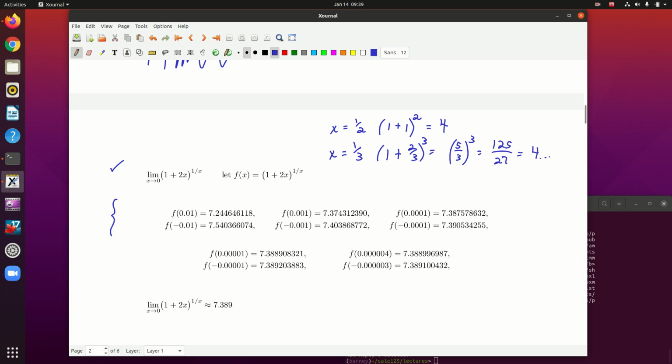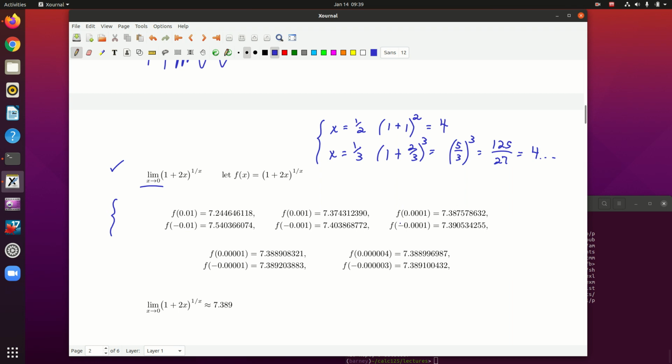But these I'm just putting in to show how this function works. They aren't close enough to 0 to help us find the limit, so then we bring out a calculator and we start plugging in small numbers on both sides of 0. So we plug in 1 over 100, negative 1 over 100, 1 over 1,000, negative 1 over 1,000, 10,000, and so on.